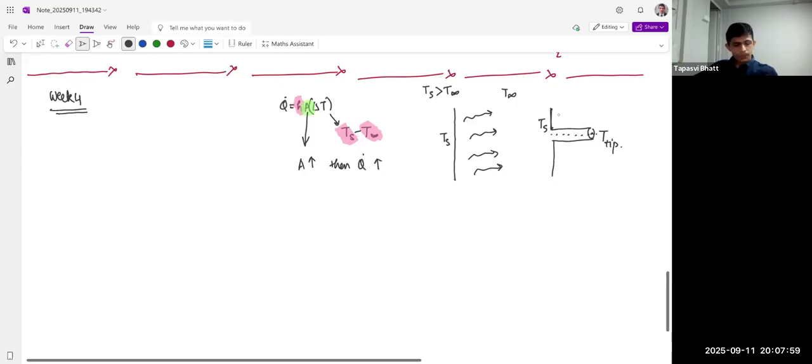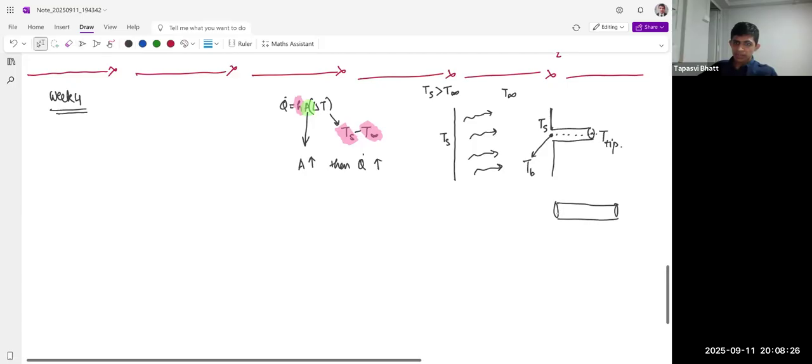This is called T base, and T base and T tip, essentially because we are trying to talk about the fin itself and not worry about the surface. So what is the temperature distribution inside the fin? People are concerned about that. That is why we just look at the fin, we don't look at the surface.